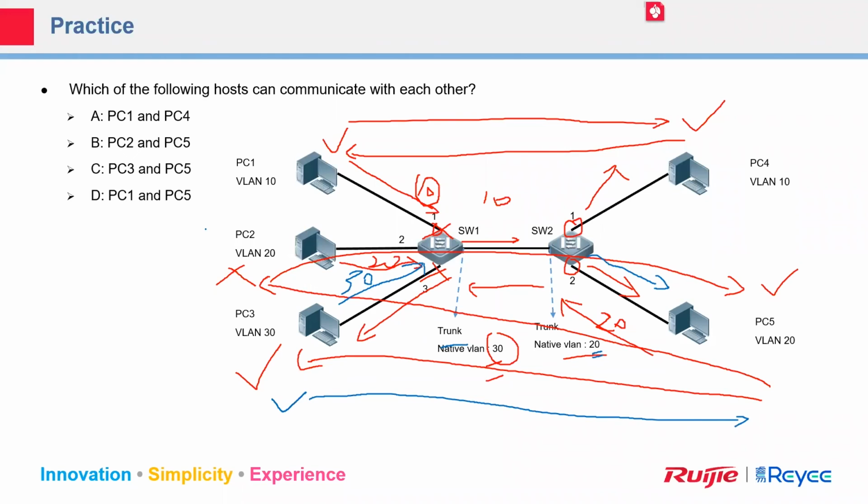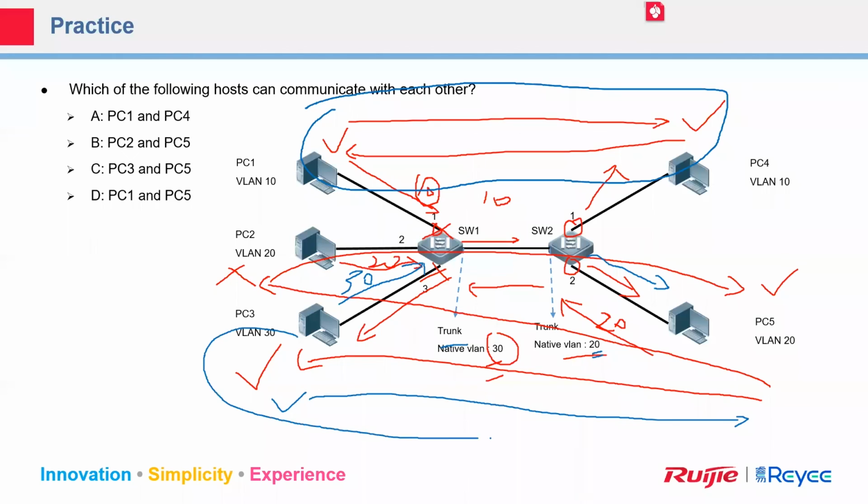So finally, the correct answer is 1 and 4, and another one is 3 and 5. Okay. So the correct answer should be A and C. Do you know the correct answer? Can you get it?